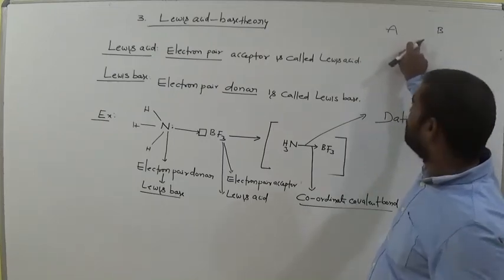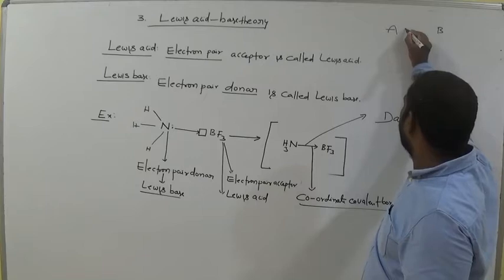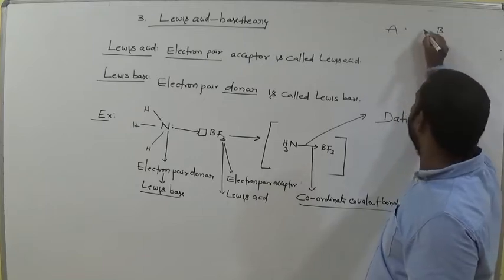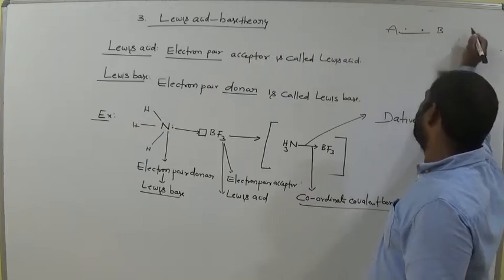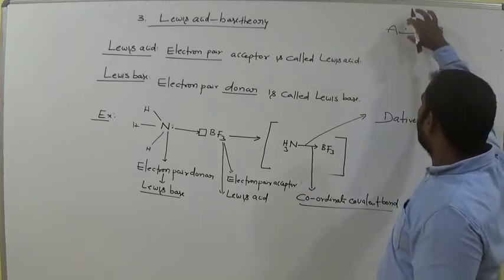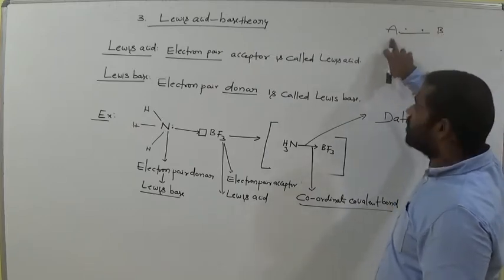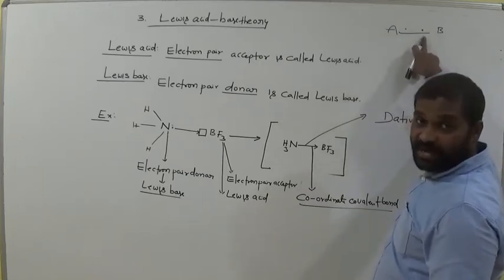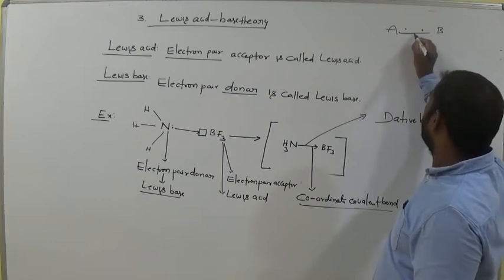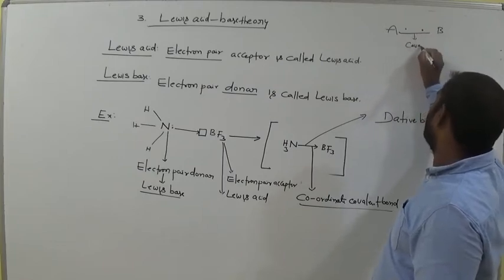One electron must be contributed from A, another electron from B. Now a bond is made between A and B. This is generally what we call a covalent bond.